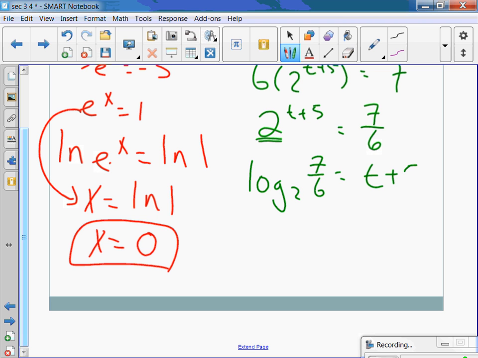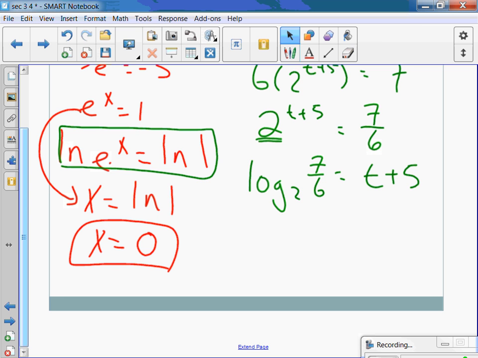All we're doing here is skipping this step right here, and going straight to writing it in logarithm form. Okay, let's take a look at it. If I was to go ahead and take the log of both sides, which base would I use?